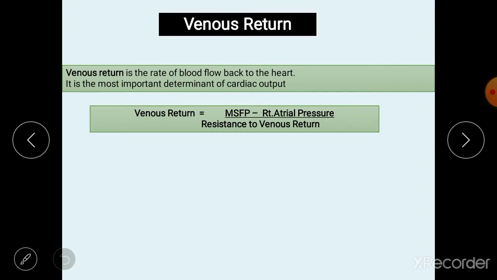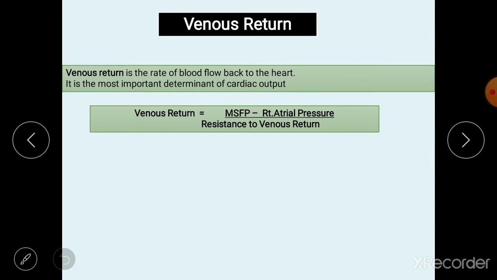So, to sum it up, venous return is the amount of blood which enters the right atrium through superior and inferior vena cava. So, what is it? It is the amount of blood which is coming back to the heart from the periphery. According to its formula, it is equal to the mean systemic filling pressure minus right atrial pressure divided by resistance to venous return.